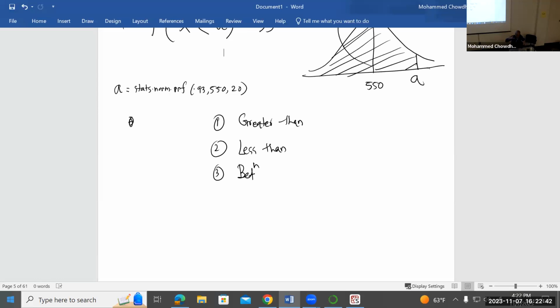Inverse means probability is given, and you are asked to find the percentile value. Okay, so those four types are done.